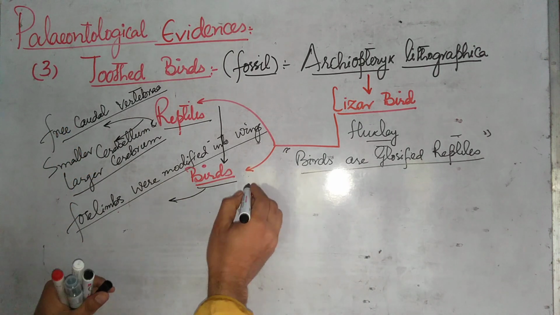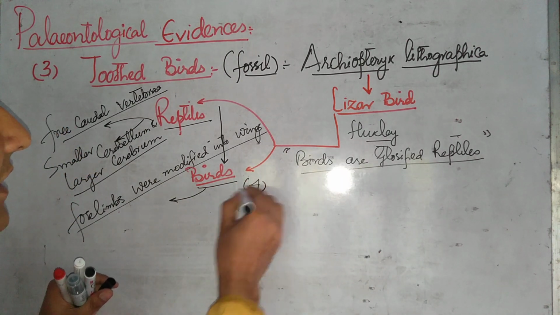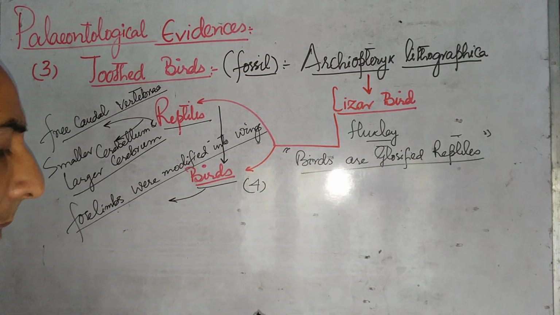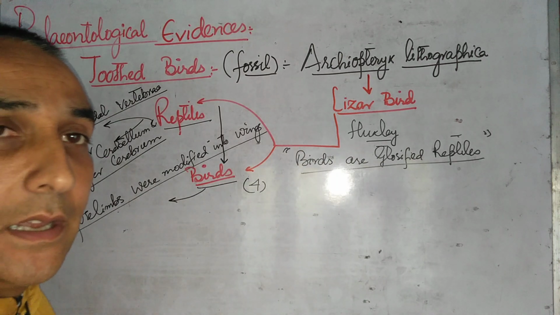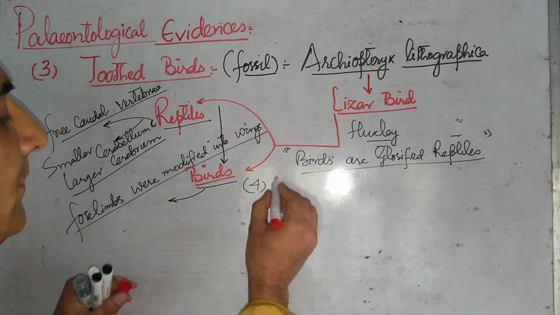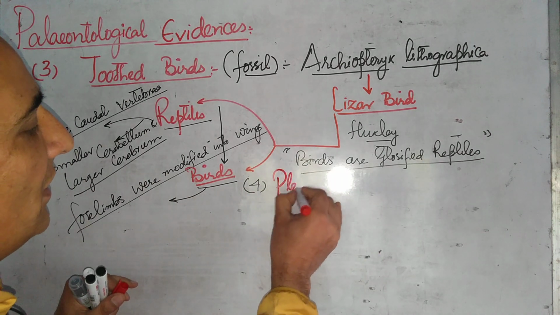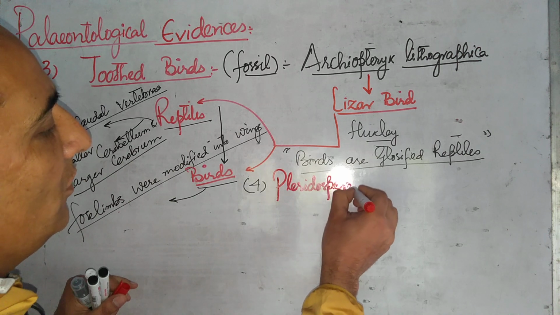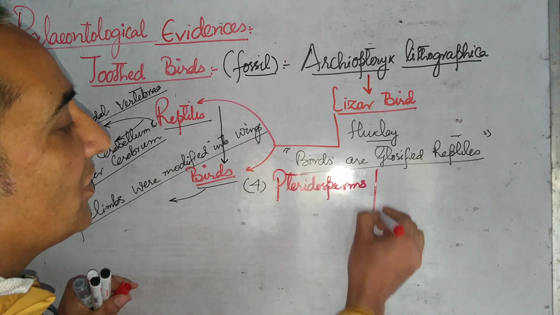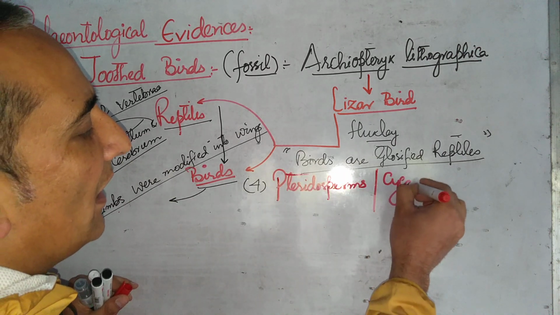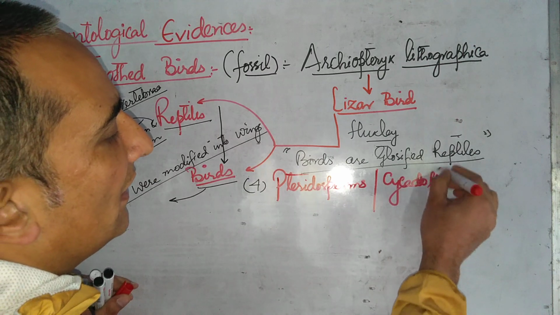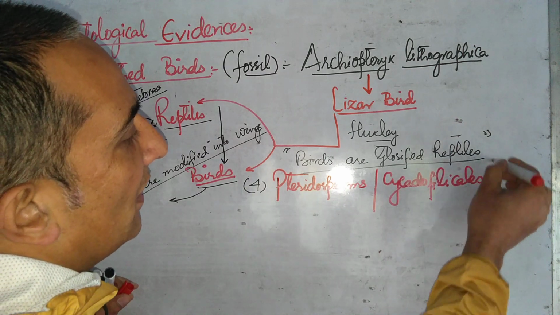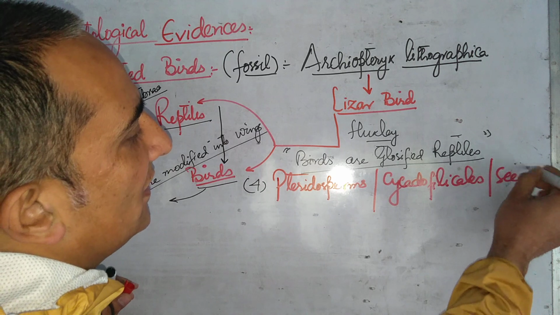Now the last type of the missing link which we will be discussing is the one related with the plants, that is the pteridosperms. You can also call them cycadofilicales, or you can also call them seed ferns.